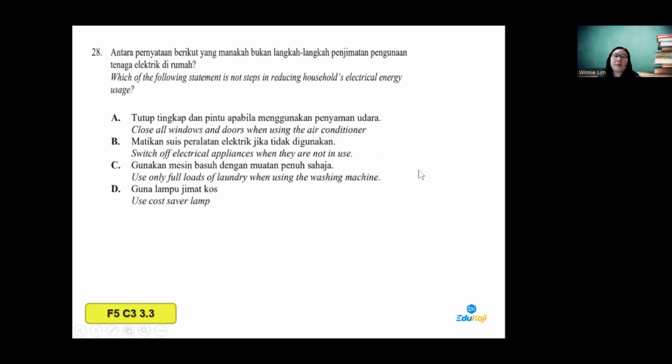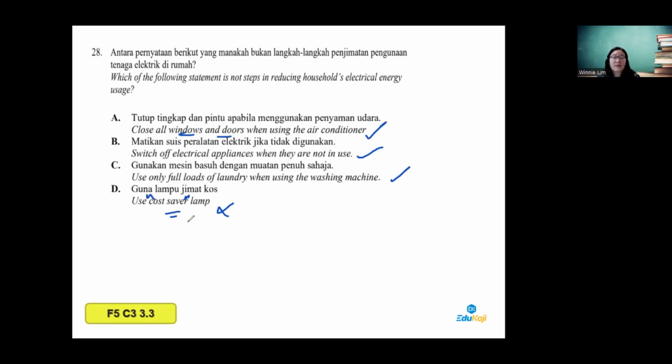28. Which of the following statements is not a step in reducing household electrical energy usage? This means you want to use less energy. By right, you're supposed to close all the windows and doors when you use the aircon, then turn off the appliances not in use, and use a full load, because you don't wash one by one. Now, using a cost saver lamp is not energy saving.